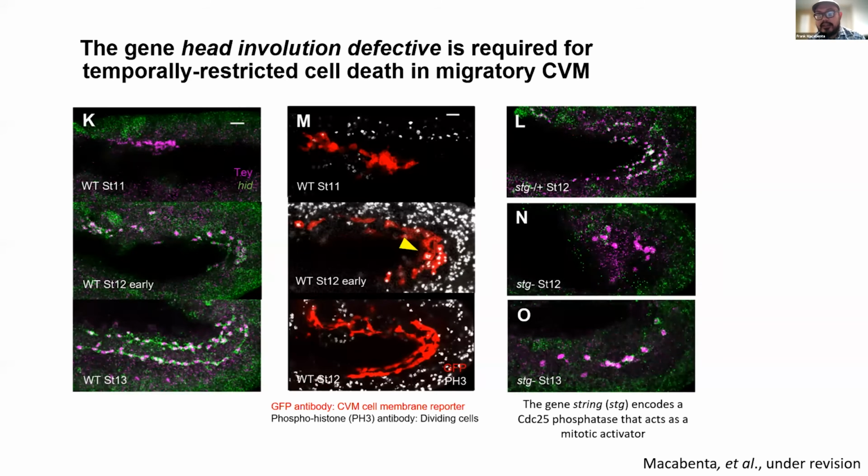What I observed is that HID mRNA expression is delayed significantly in string mutants, such that there is very little to no signal by the time the cells have rounded this posterior turn, but eventually it does start to ramp up at stage 13.